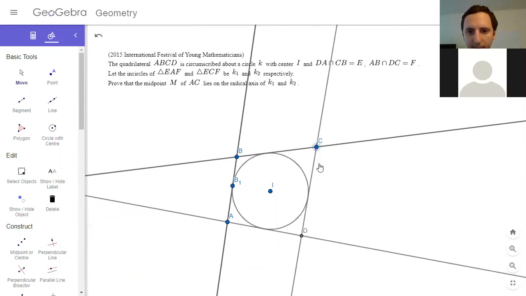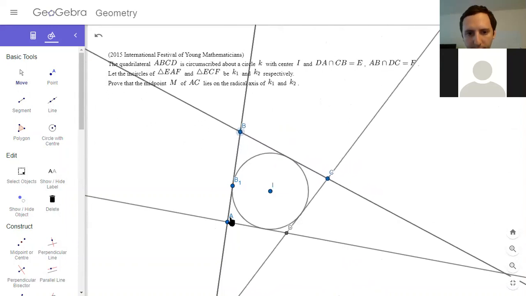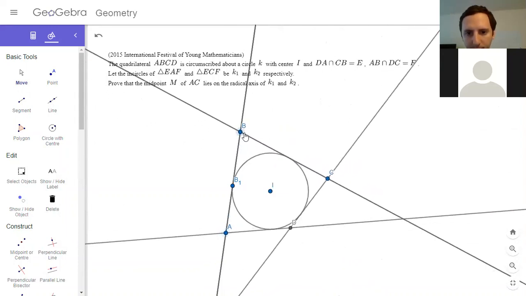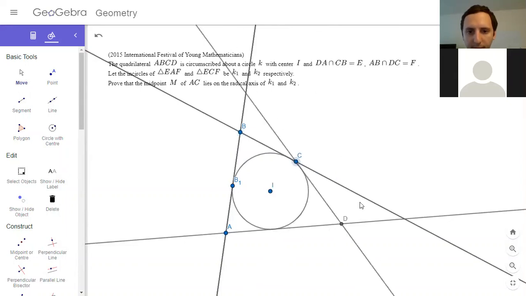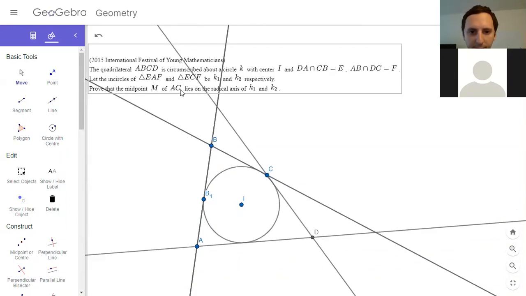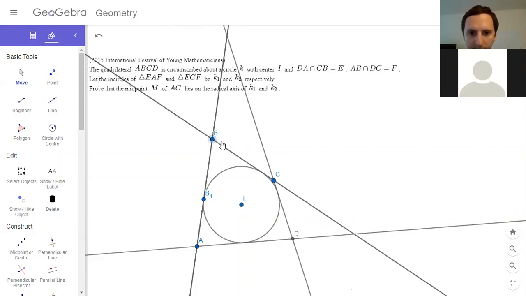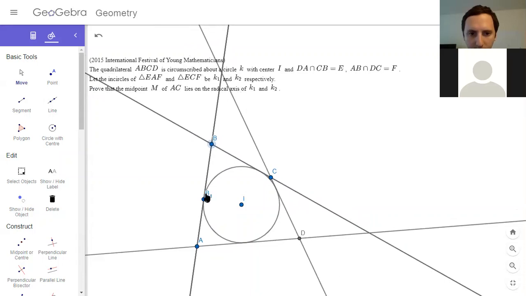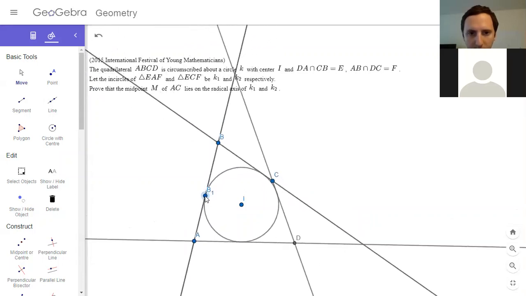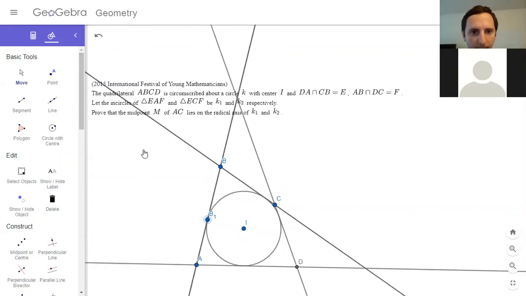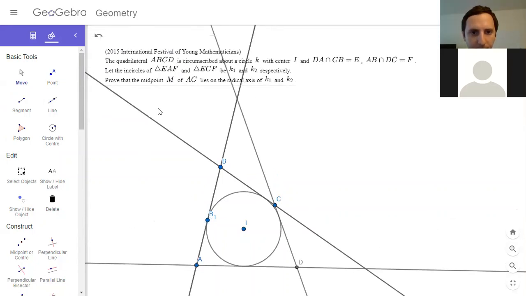DA intersects BC at a certain point. So DA intersects BC and AB intersects CD. Okay, something like this. Let's see. Like that. Draw these points.